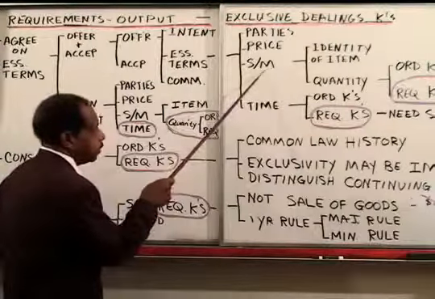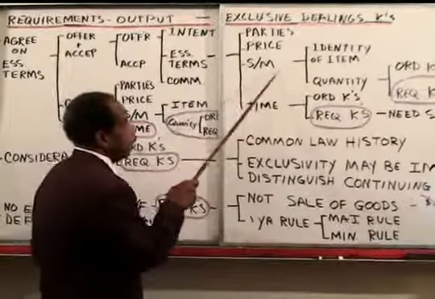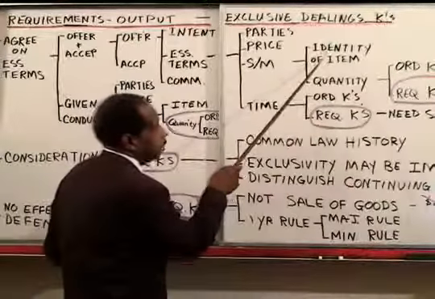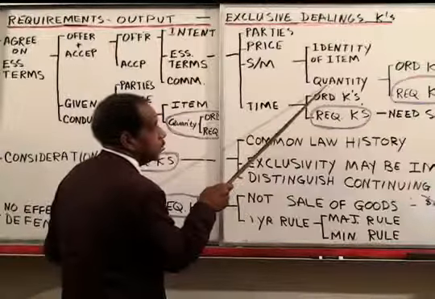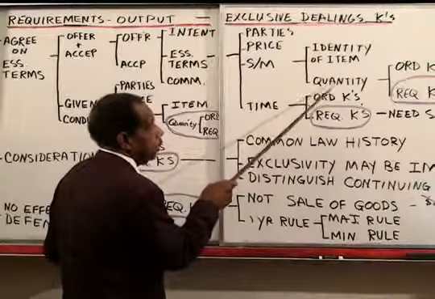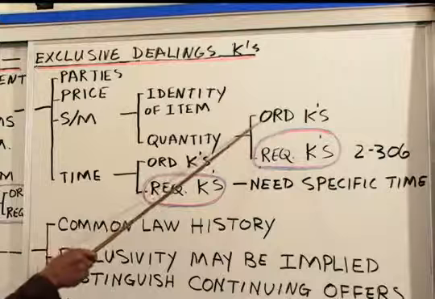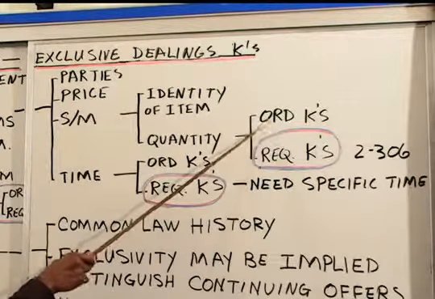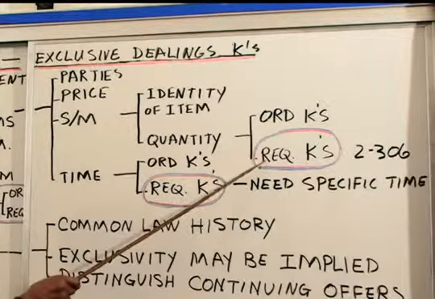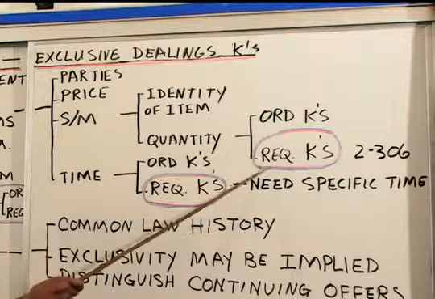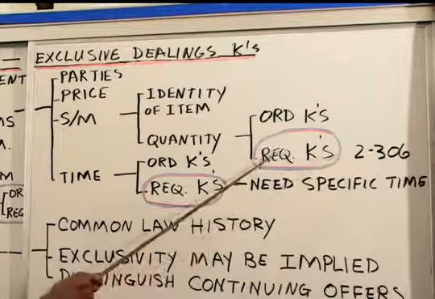But it is the subject matter of the contract where you must identify the item and say what the quantity is. And in an ordinary contract, you just give the quantity. But in a requirements contract, this is where the issue comes up. And here's where you use 2-306.